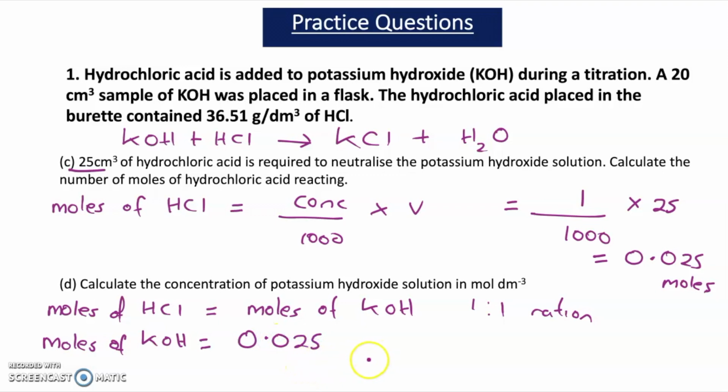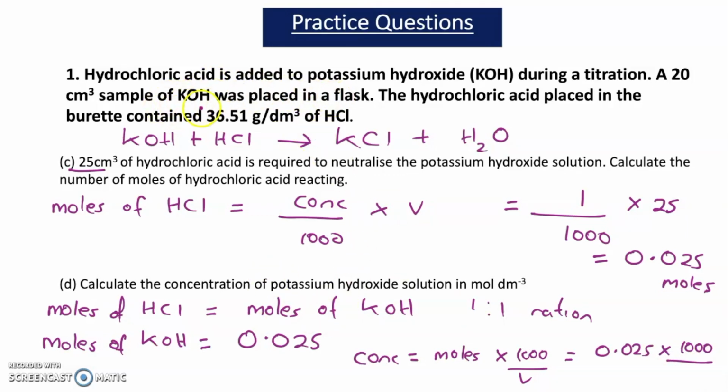and concentration is equal to moles times 1,000 over volume. Now the volume of KOH in my conical flask is 20 centimeters cubed. So to work out the concentration, I just do 0.025 times 1,000 over 20.